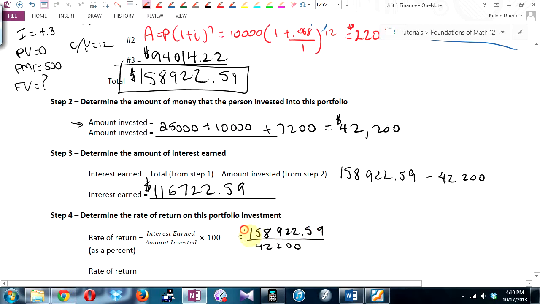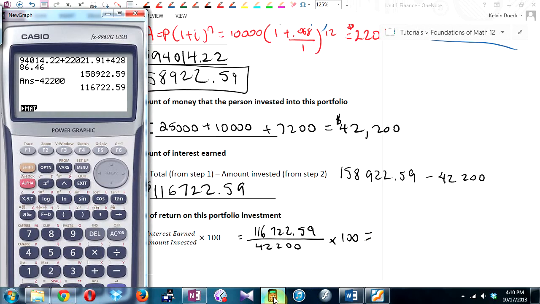No, it's not, Mr. Dueck. I'm reading the wrong number. It's going to be 116,722. Thanks, you guys caught that as well. I wish I could say I did that on purpose, but I didn't. Would have been nice if I was seeing if you're paying attention. So it's going to be this number divided by 42,200, and then to change it into a percent.